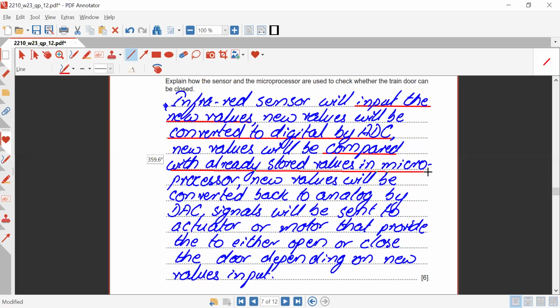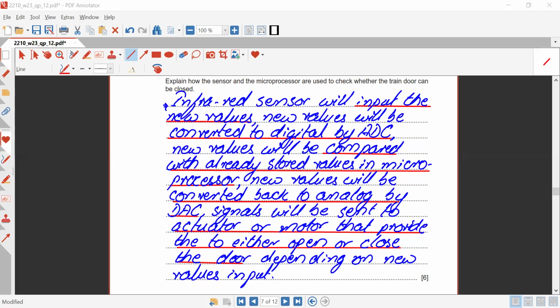The word microprocessor is a major point over here. Converted back to analog by DAC, major point. Actuators or motors will provide the instruction, either open or close the door. So these are the major points that should be there.